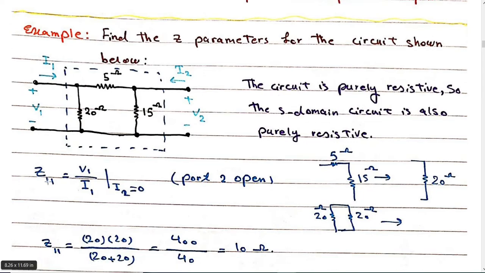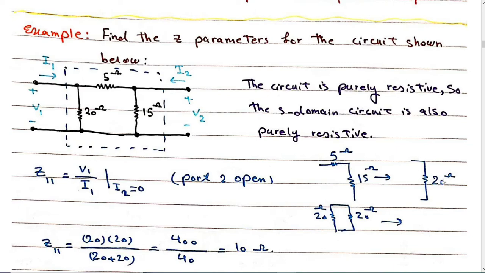Okay, what is Z11? If the question asks you to find the Z parameters, it means we have to find four Z parameters: Z11, Z12, Z21, and Z22. Z11 is V1 divided by I1 when I2 is 0, or port 2 is open. So there is no current over here. We have a 15 ohm resistor in series with a 5 ohm resistor, so 15 plus 5 will be 20.